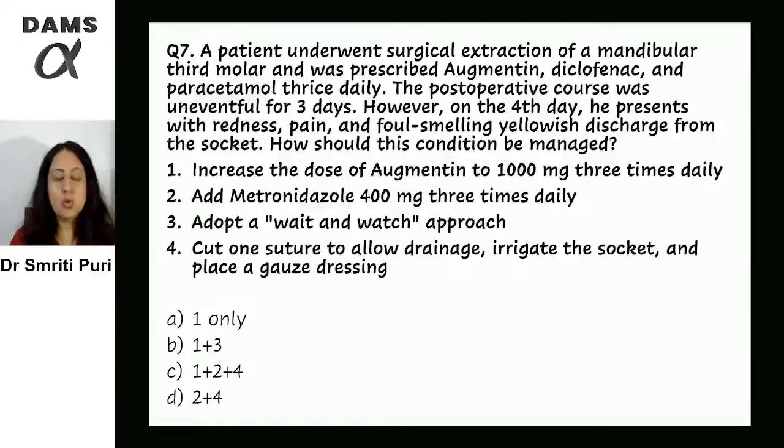1. Increase the dose of Augmentin to 1000 mg 3 times daily. 2. Add metronidazole 400 mg thrice daily. 3. Adopt a wait and watch policy. 4. Cut one suture to allow drainage, irrigate the socket, and place a gauze dressing. So your options are A. 1 only, B. 1 and 3, C. 1, 2 and 4, D. 2 and 4. So what would be the answer here?